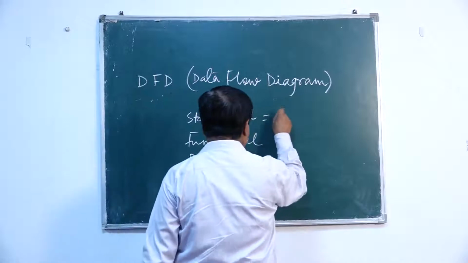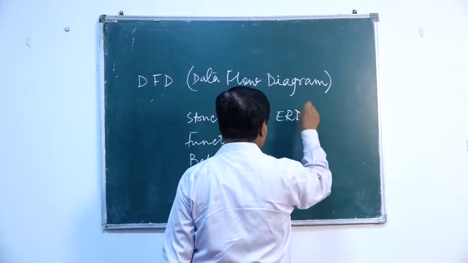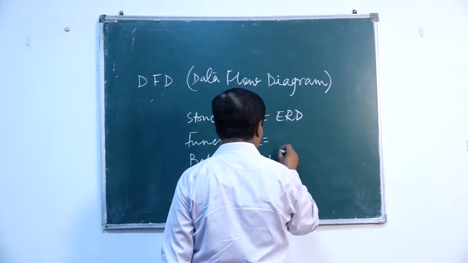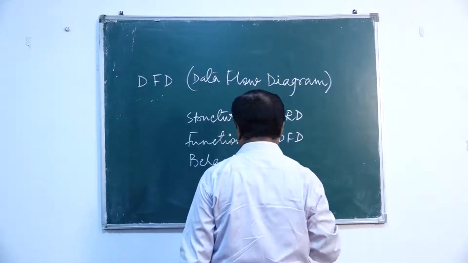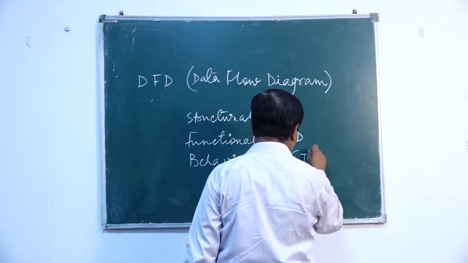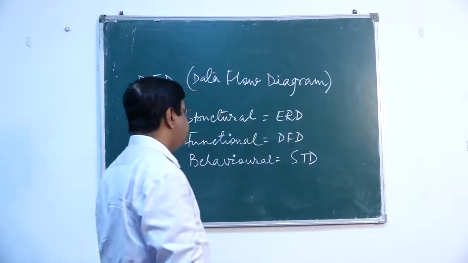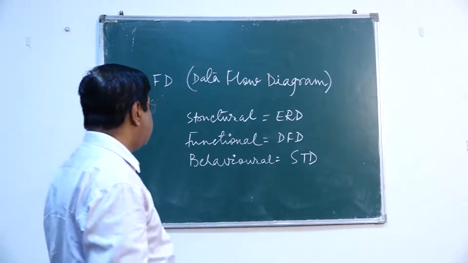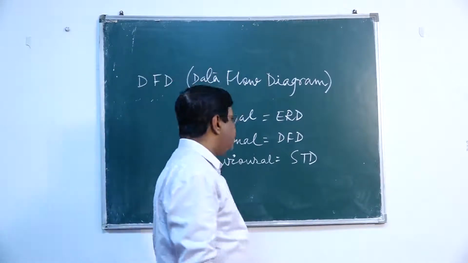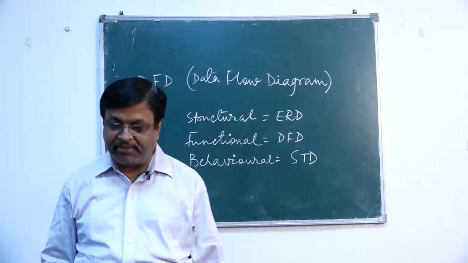For structural modeling, we use the tool ER diagram. For functional modeling, we use the tool DFD, and for behavioral modeling, we use state transition diagram. So, first we should know that DFD is a tool of functional modeling of the software.